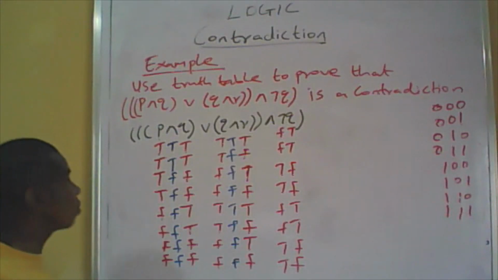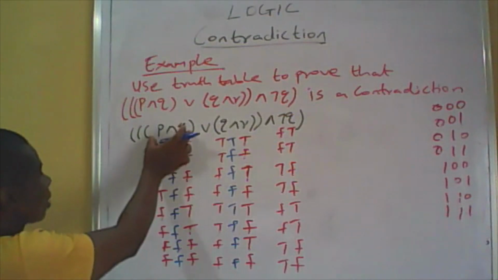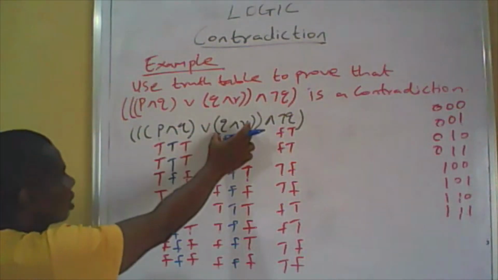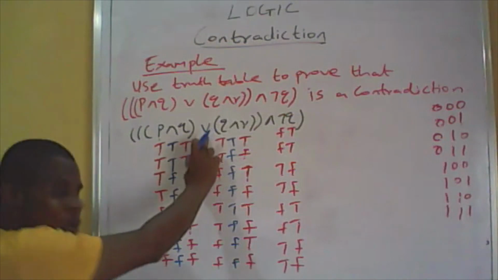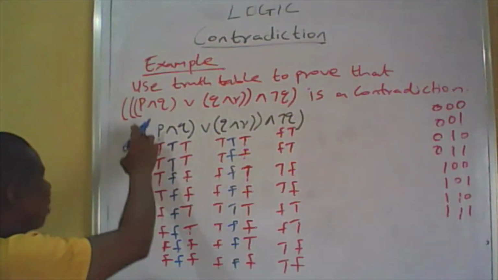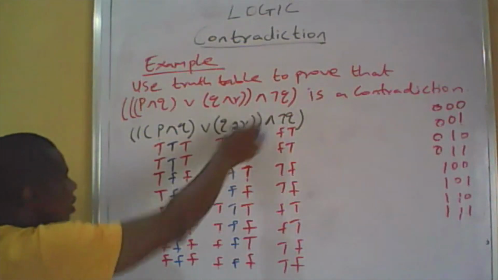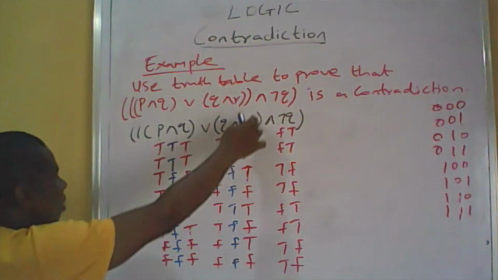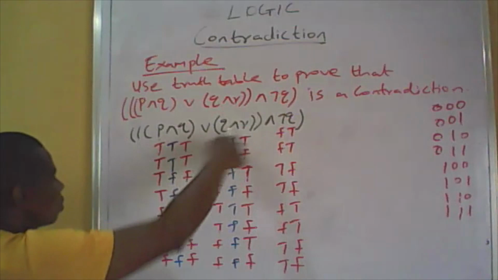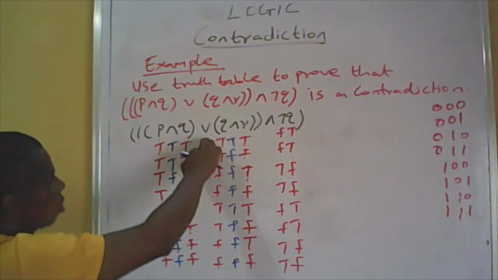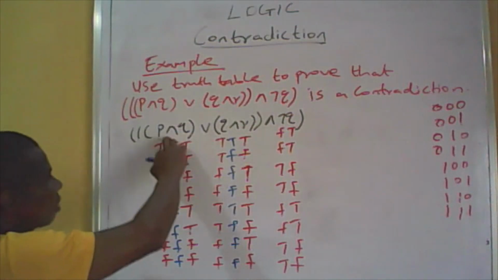Now, having known that, we know that this statement and this statement are being combined by this or. You can see the parentheses, the bracket here. This bracket binds them and defines them. So this or is what combines this statement and this statement.